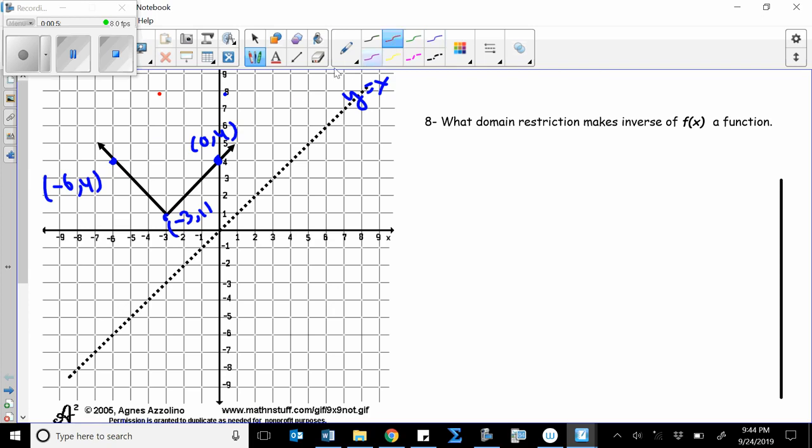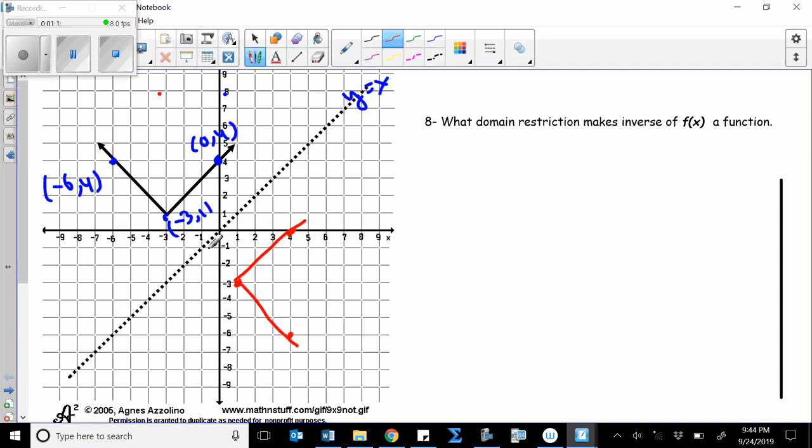Then, to find a reflection over y equal to x, you just need to switch x and y. So it will be 4 and 0, 1 and -3, and 4 and -6. Then you connect the lines. This will be the reflection of this graph over y equal to x.